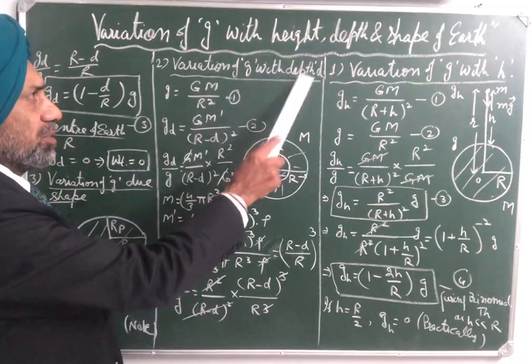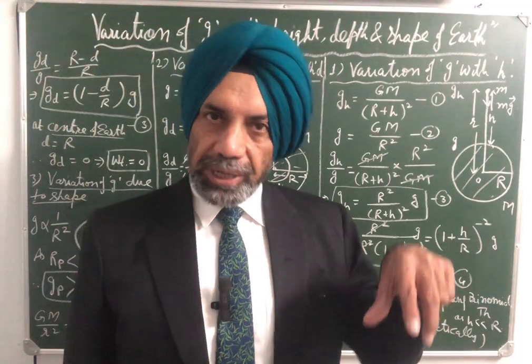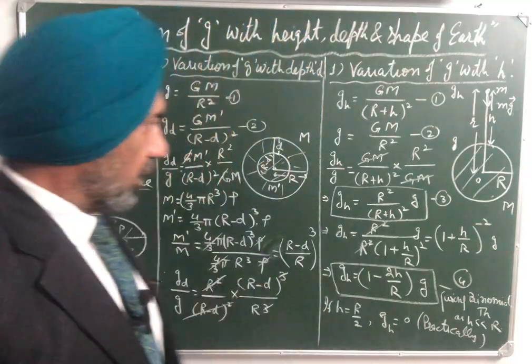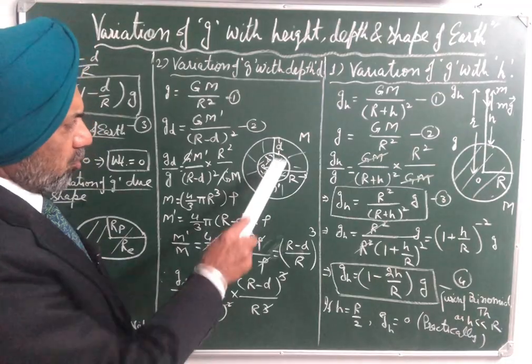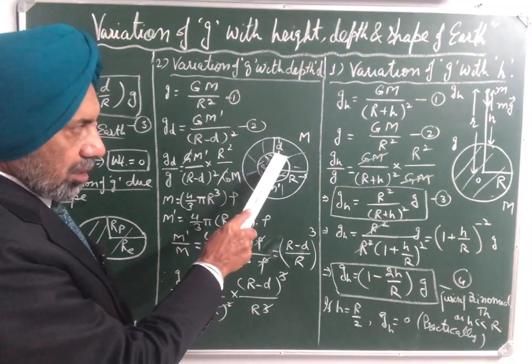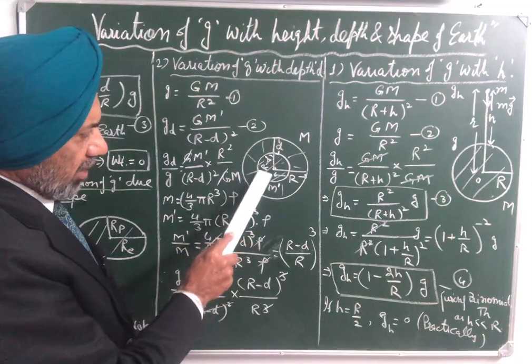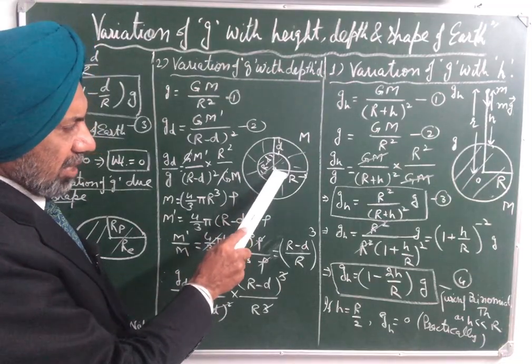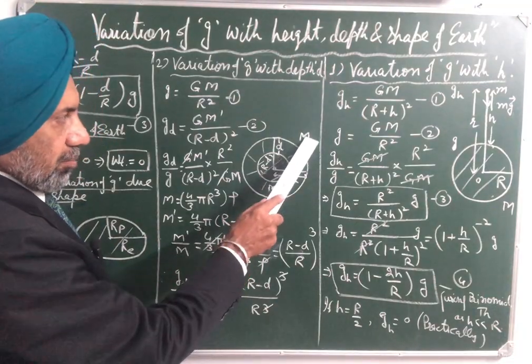Then variation of g with depth. What happens to the value of g when we go into the earth? Suppose this is our earth of mass M having radius R. Suppose we go inside through a depth d, so that this shaded portion of the earth has radius R minus d instead of R. No doubt mass will also change.